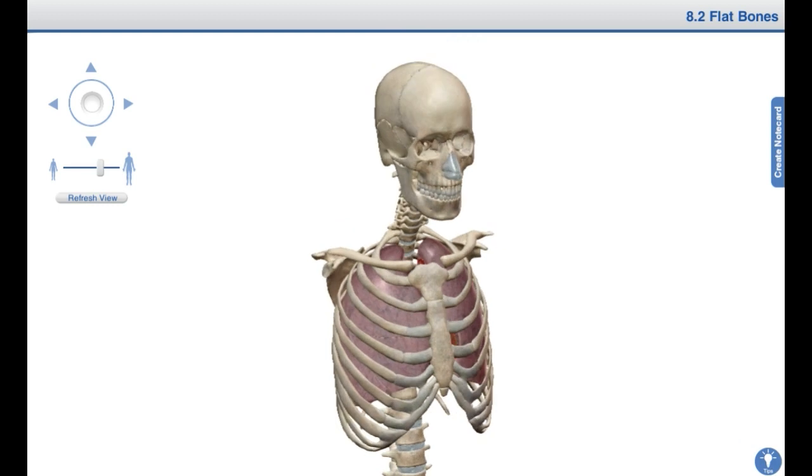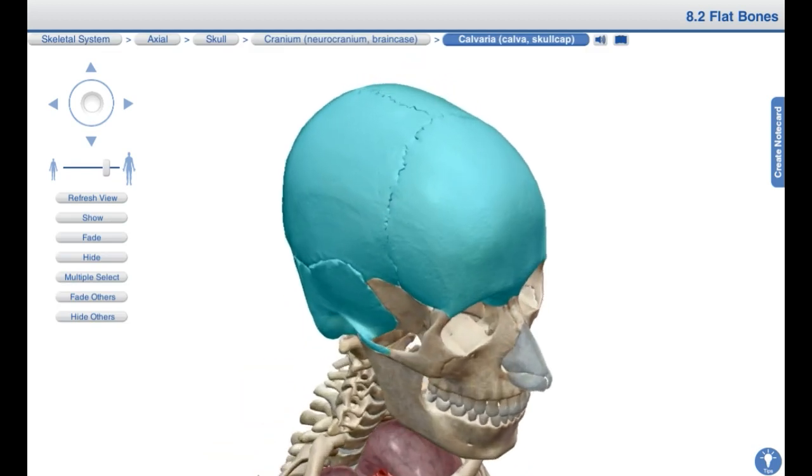As I told you, flat bones protect the internal organs, such as the brain, which is protected through cranial bones, the heart, and lungs. It contains 4 types of bones.